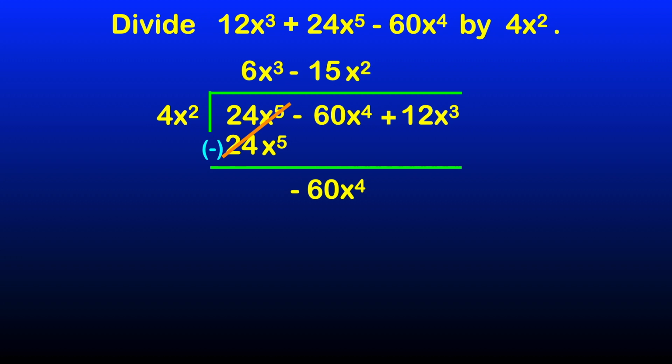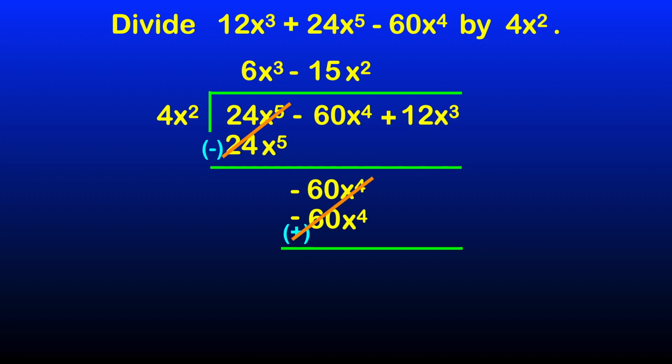And then, multiply na naman. Negative times positive is negative, or positive times negative is negative. 4 times 15 is 60. Then x squared times x squared is x to the 4th power. Then subtract. Change the sign to opposite. So 0 na yan. Cancel natin.